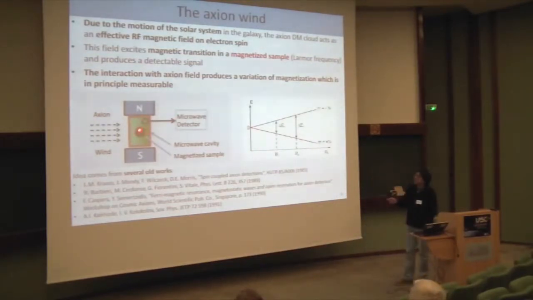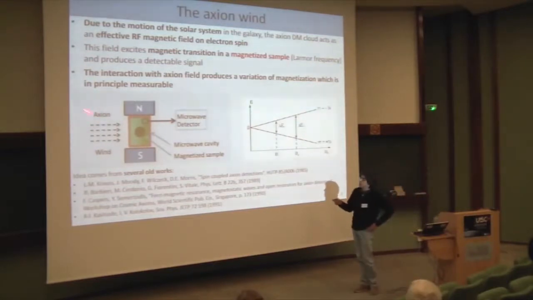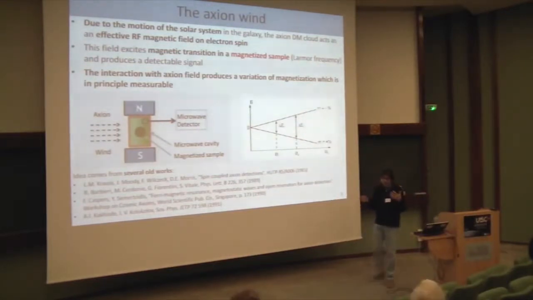So say this is some matter that you put inside the magnetic field. Then you can have this Zeeman splitting of the ferromagnetic transition, and you can select, through the amplitude of the static external magnetic field, a Larmor frequency transition. The axion is present in the dark matter halo of our galaxy.